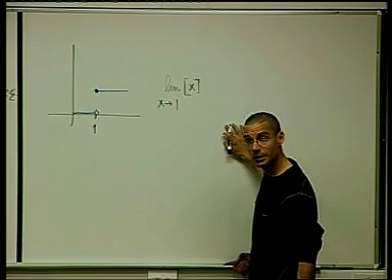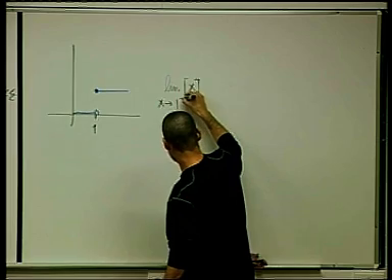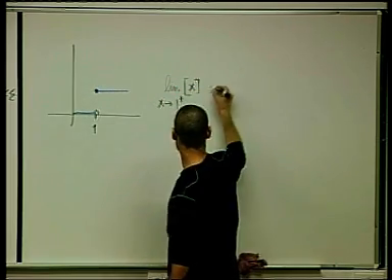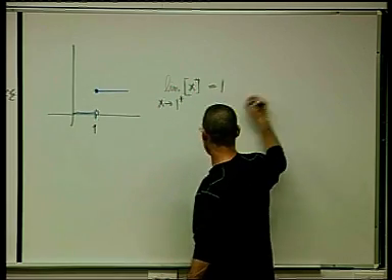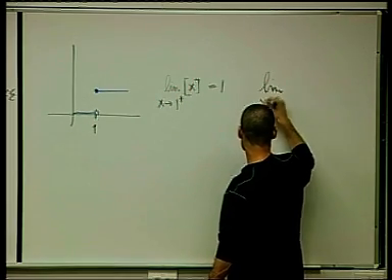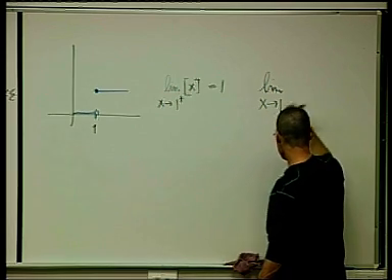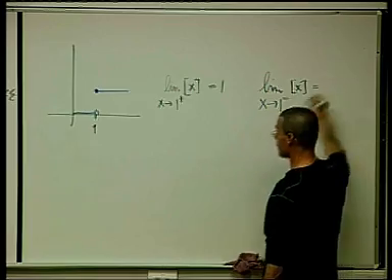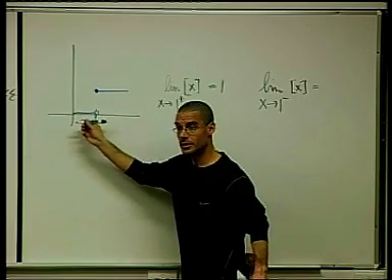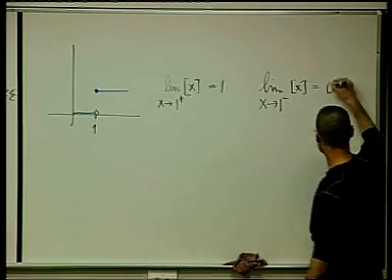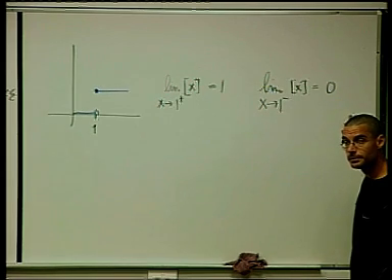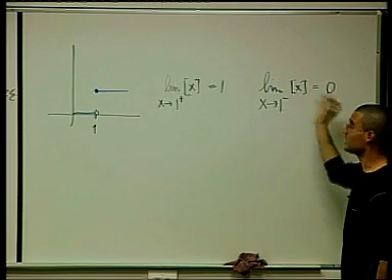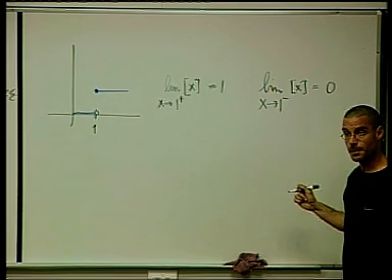Do you agree? But if we approach from the right, it exists. And what is it? 1. And if we approach from the left, I'm approaching the same value, but from different directions, then what is the limit? 0. Does everybody agree? So this is another situation where we would be considering one-sided limits.